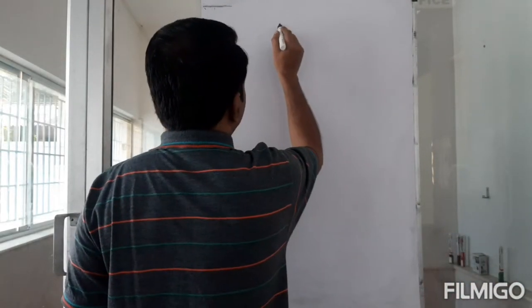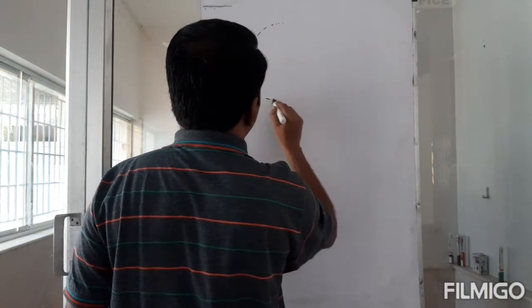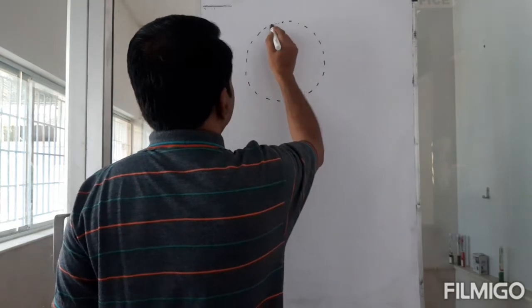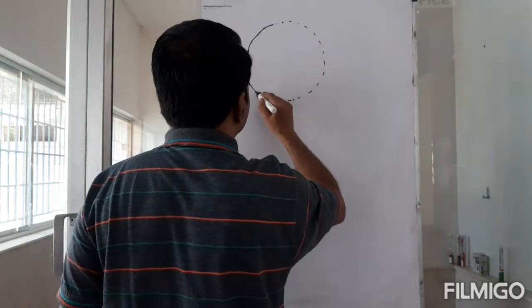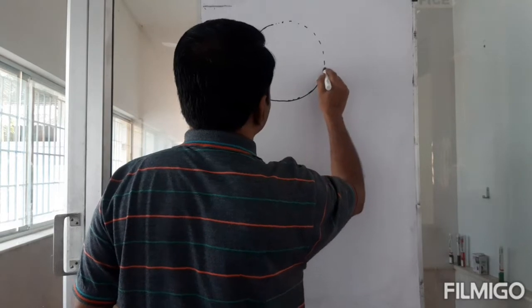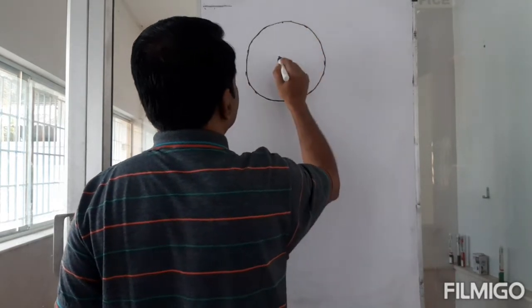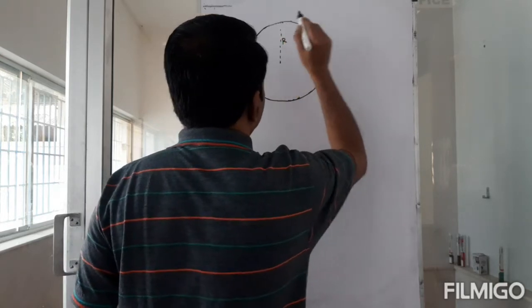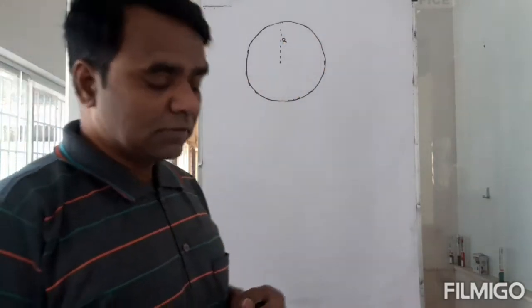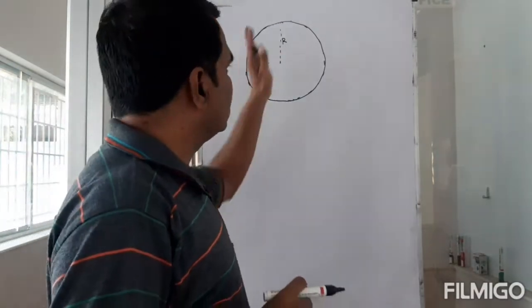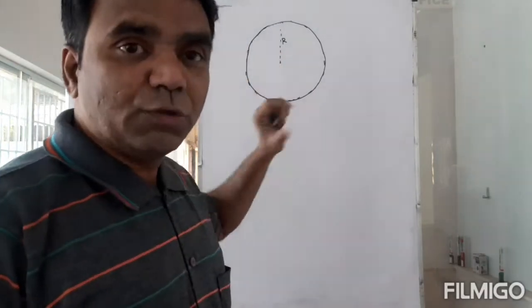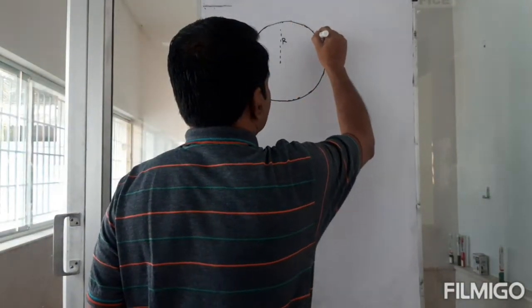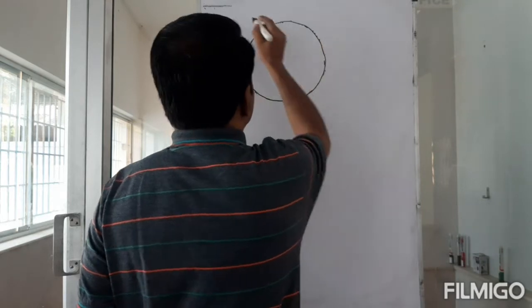So you have a shell, and this is a radius, say r. Now I'm going to find out the field value of this shell of charges. There's a lot of charges on it. So it's a spherical shell.